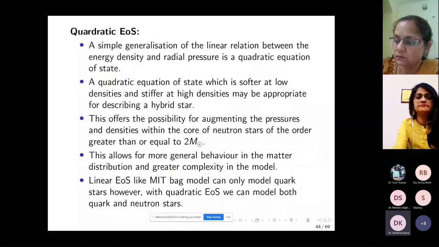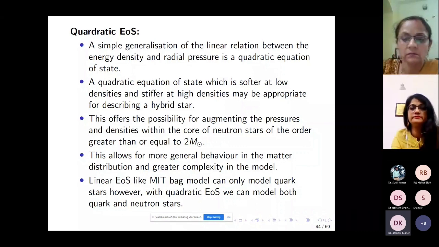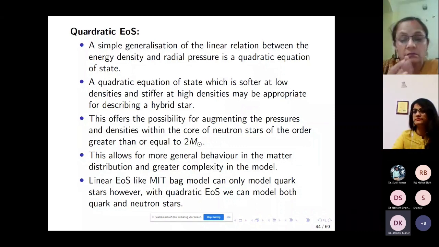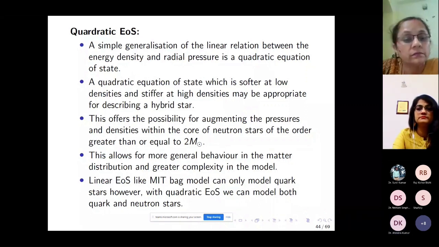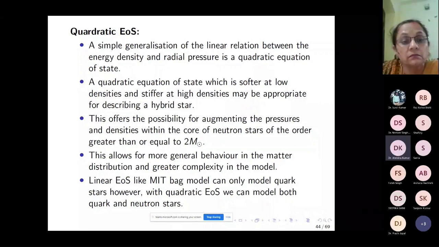So the quadratic equation of state is a simple generalization of the linear relation between energy density and pressure, and it permits a more general behavior in the matter distributions and greater complexity in the model. The reason for this increased complexity of the model is the nonlinearity of the radial pressure in terms of energy density.